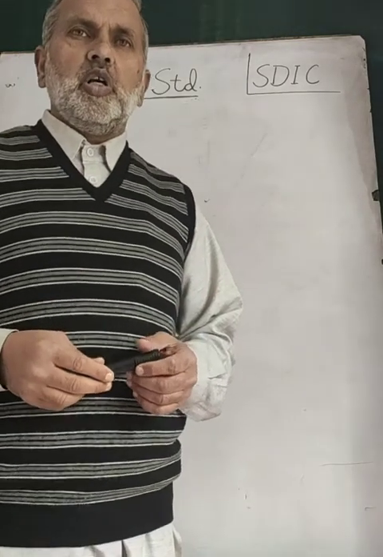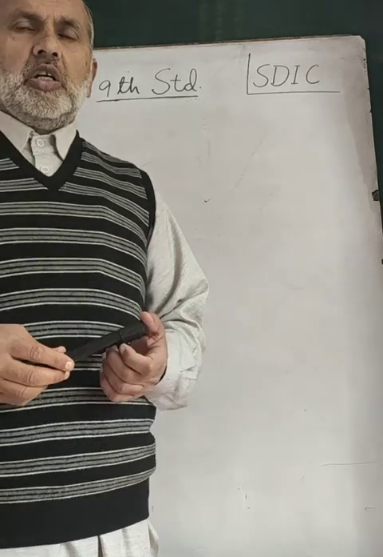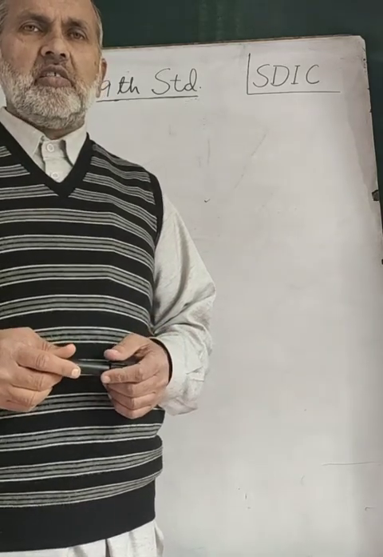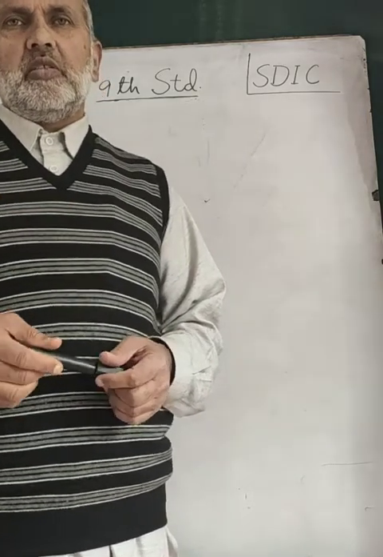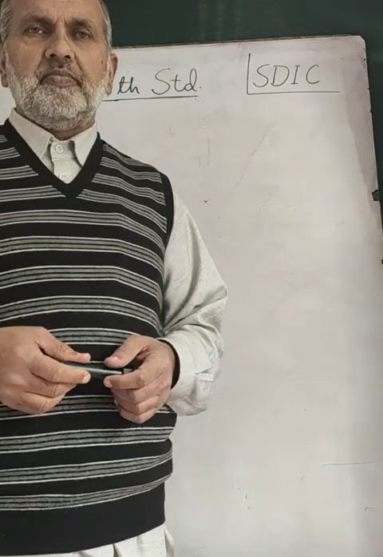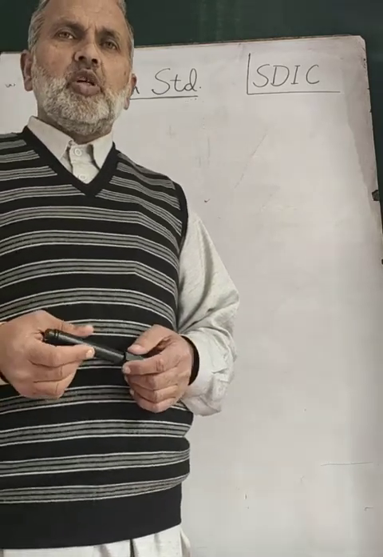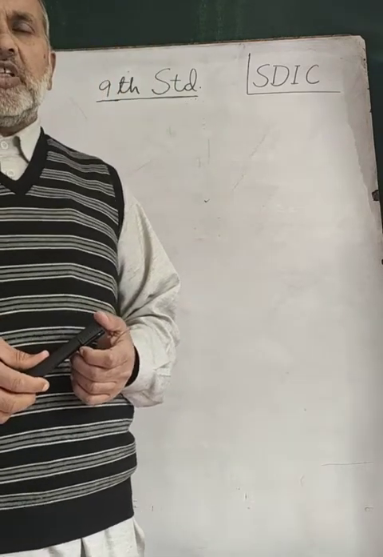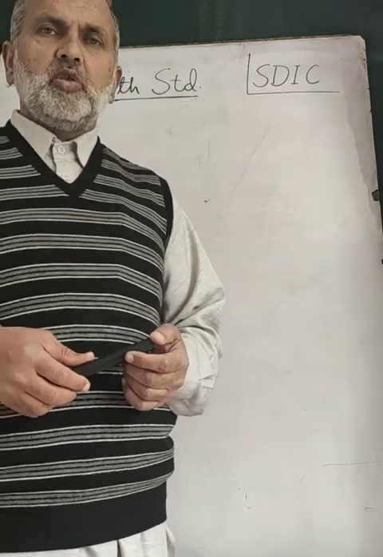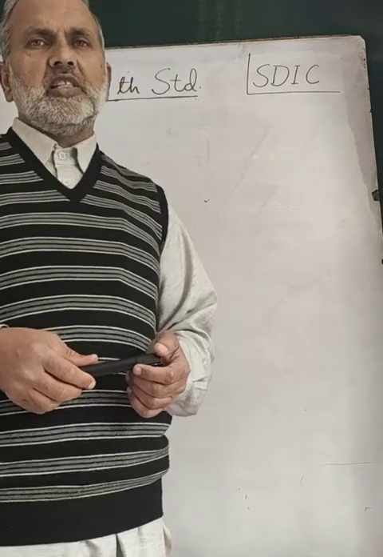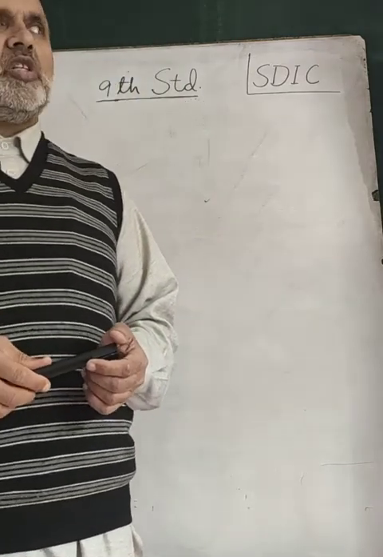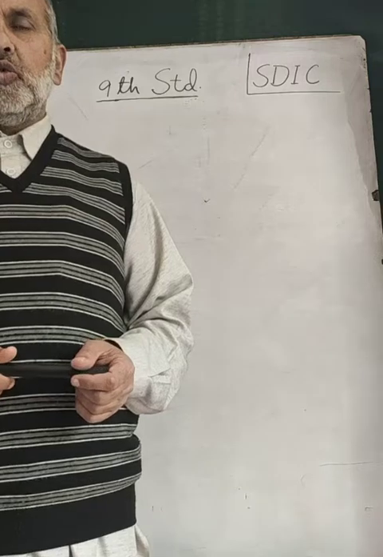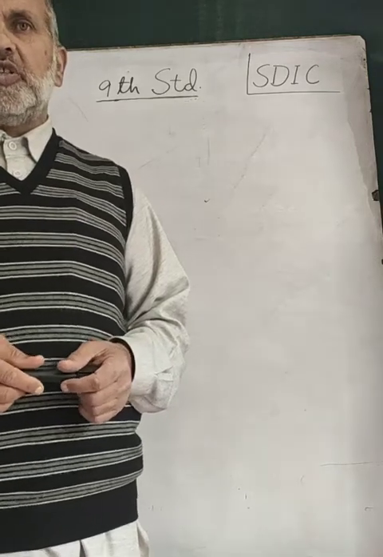The first one was: longer side of a triangle has greater angle opposite to it. And the second one was the converse of this: greater angle of a triangle has longer side opposite to it. These two theorems we did last time. You must have seen the two solutions in the previous video.